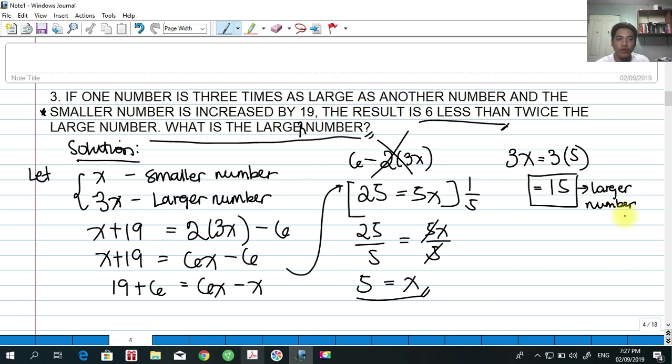How do we prove that we have a correct answer? We can always check by our equation.